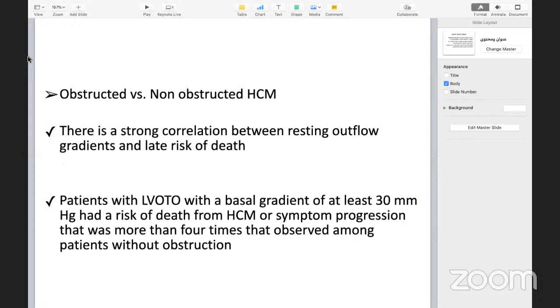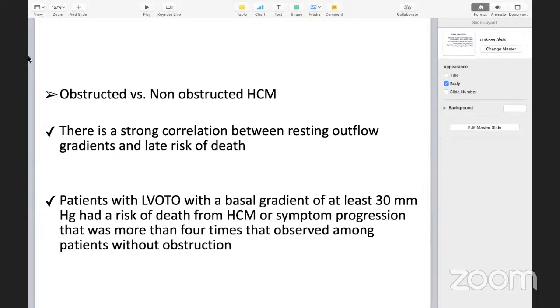For obstruction versus none, there is a strong correlation between resting outflow gradients and the late risk of death. Patients with obstruction with a basal gradient of at least 30 mmHg had a risk of death from the disease or symptom progression that was more than 4 times that observed among patients without obstruction.